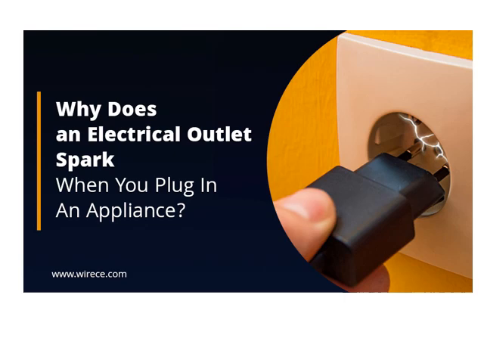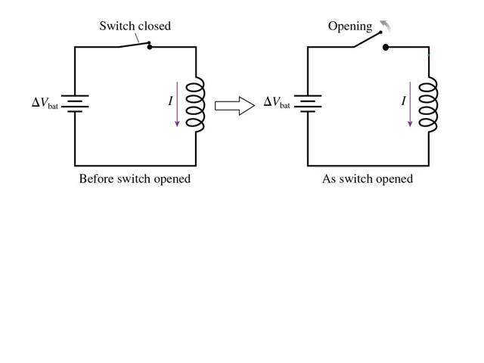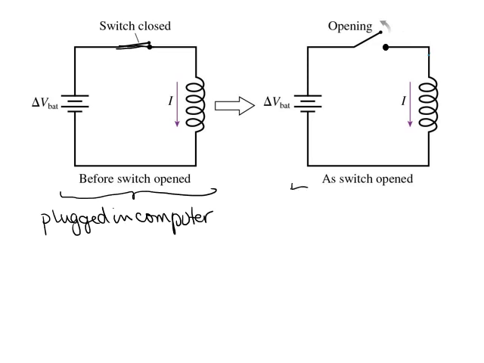So to explain that effect, let's start with the idea that if our switch is closed, then this simple circuit represents our plugged-in computer. And if we open the switch, this is when we unplug. So now what happens if we just unplug the computer?